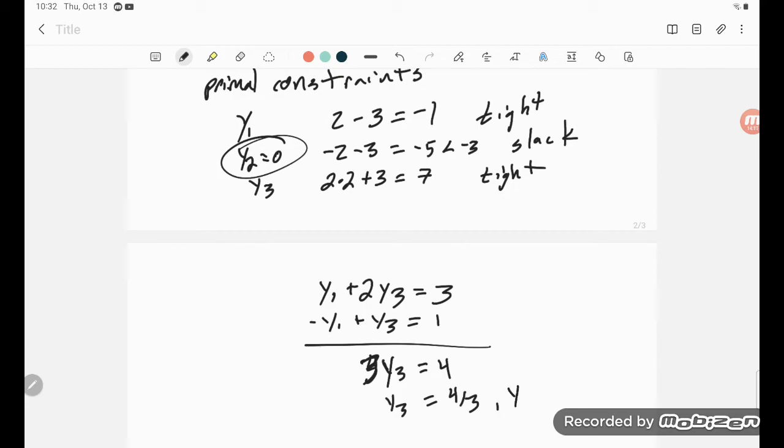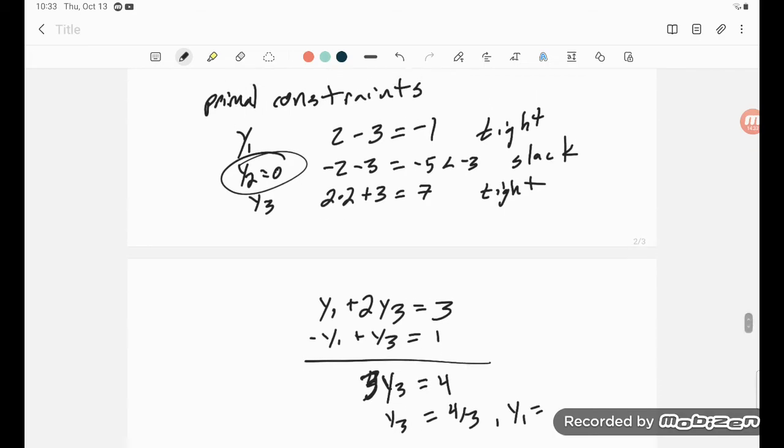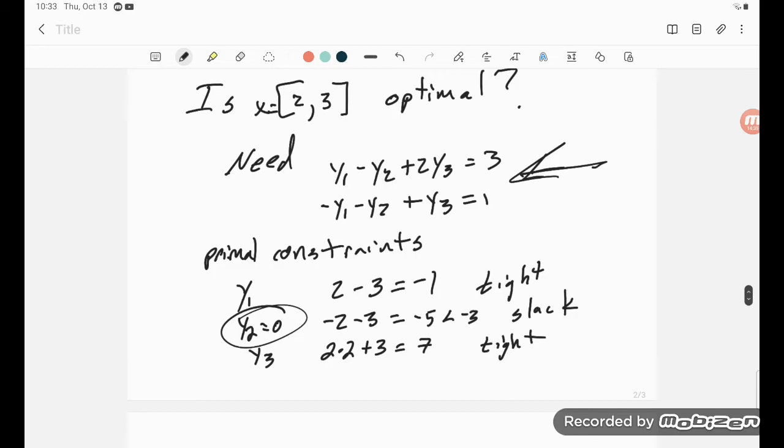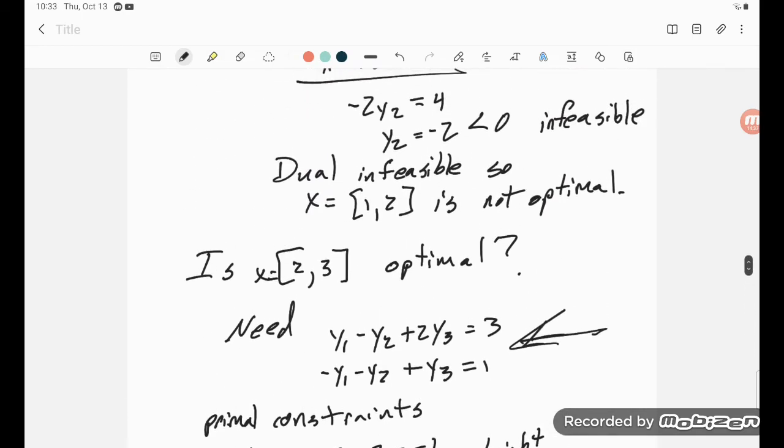And if y3 is equal to 4/3, that means y1 is equal to, do I have that right? Let me check my notes here.